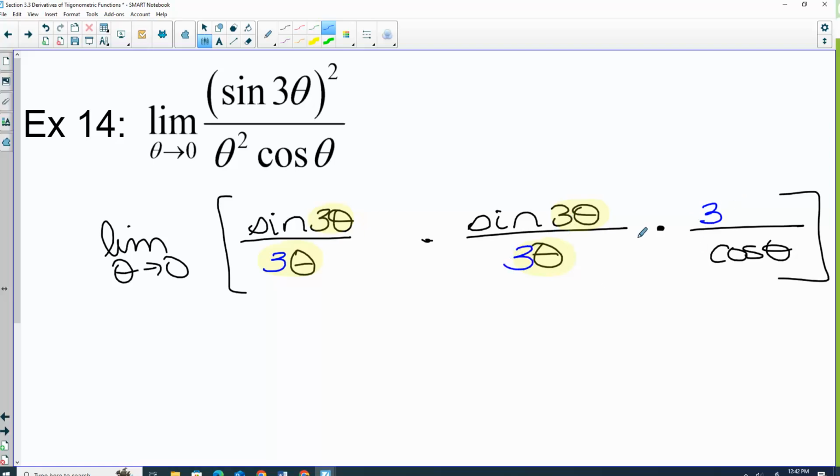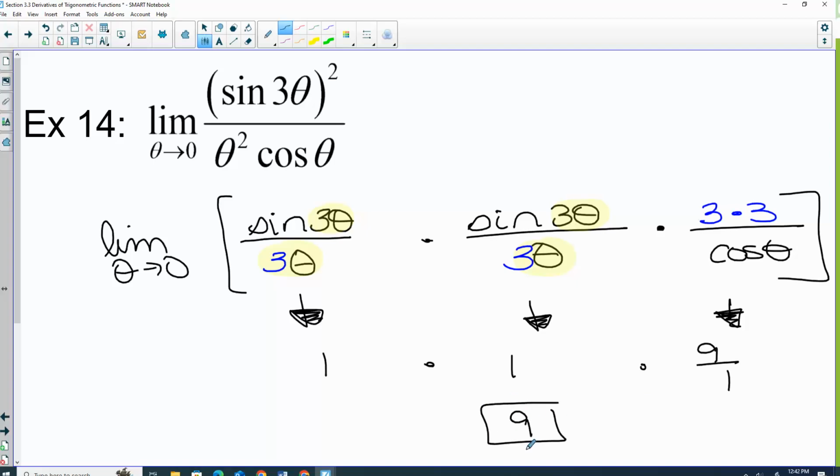This one also needs a 3, so there's another 3 that has to go on top. So then, this goes to 1 times this goes to 1 times, over here on the top, 3 times 3 is 9, over the cosine of 0 is 1. 9.